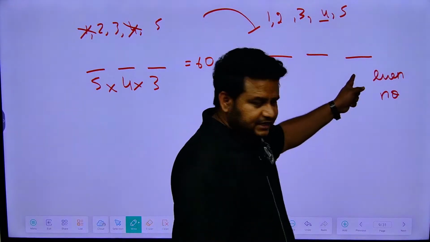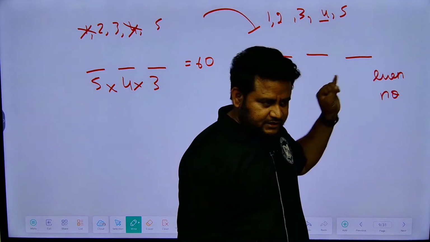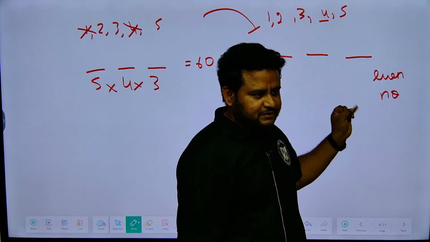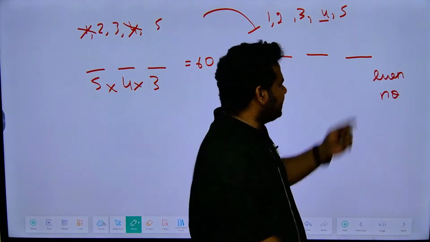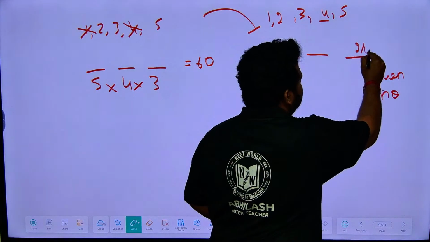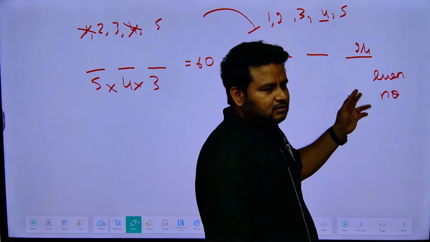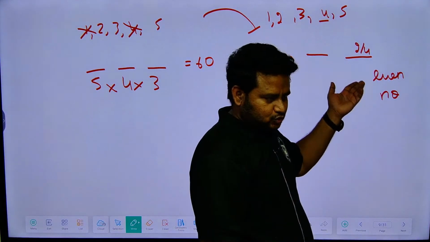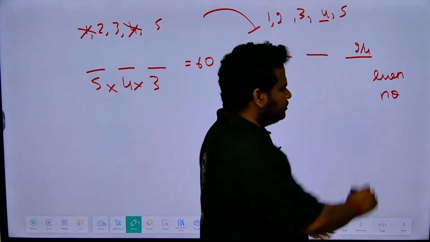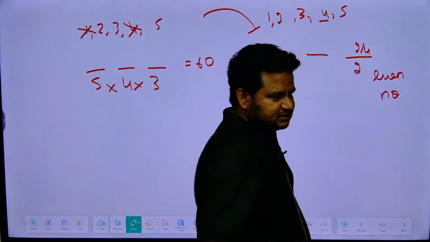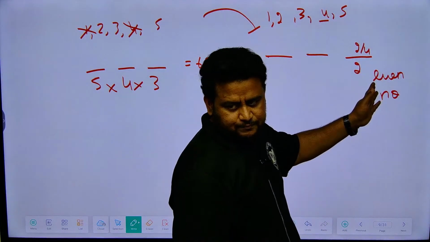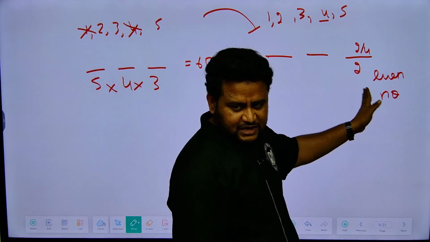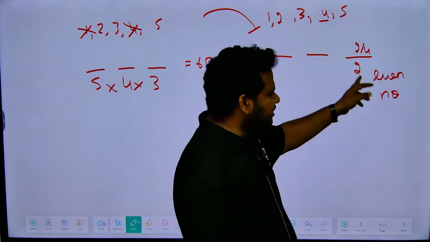Here 2 can come or 4 can come. Only two possibilities are there. I can place 2 or 4. So 2 ways here, either 2 or 4.